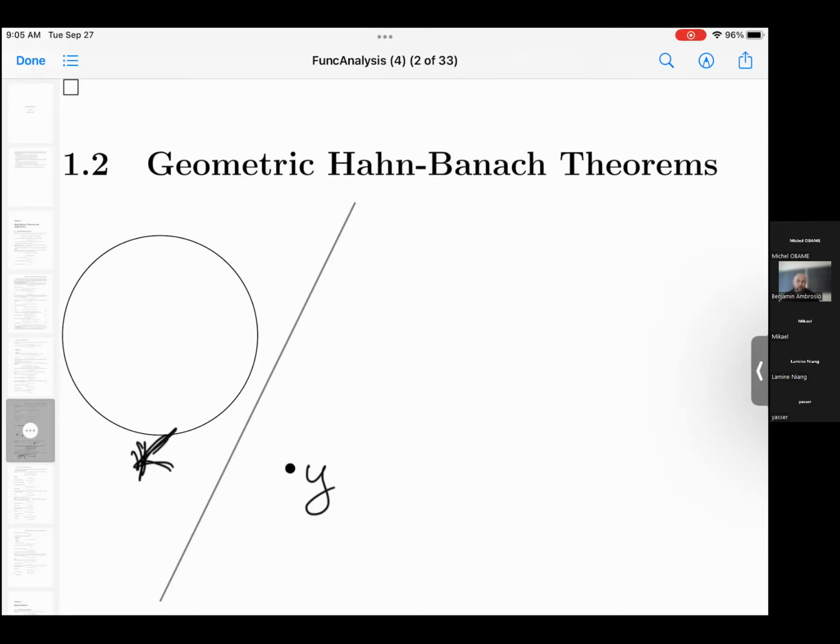The setting that we will first consider is you start with a convex K, which contains at least one interior point, and then you choose a point Y, which does not belong to K. And then the idea of the geometric Hahn Banach theorem is that you can separate K and Y. And we will see that the proof relies on an application of the Hahn Banach theorem that we studied in lecture 1.